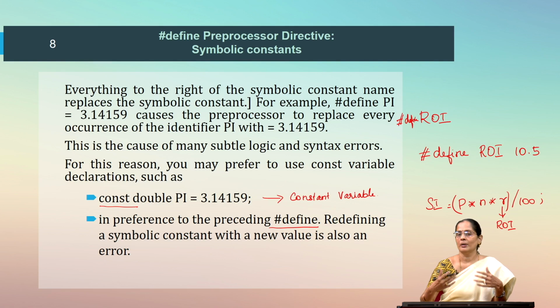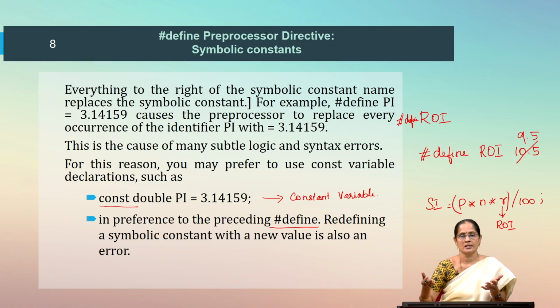However, if the bank is going to change the rate of interest, we are supposed to change the value of ROI. It is enough that I change the value here at the time of defining it as 9.5, but still this requires modification in the original program, which may not be available for execution.